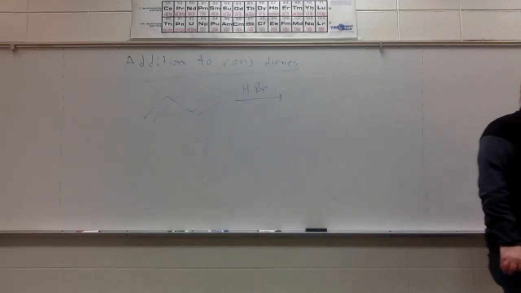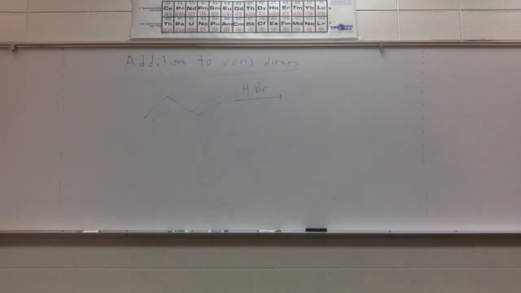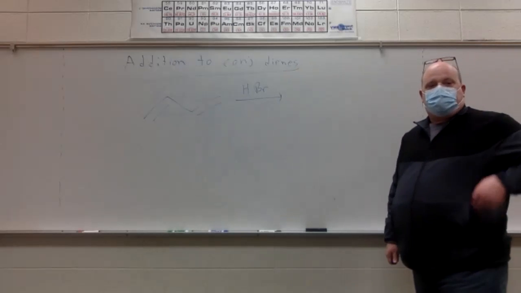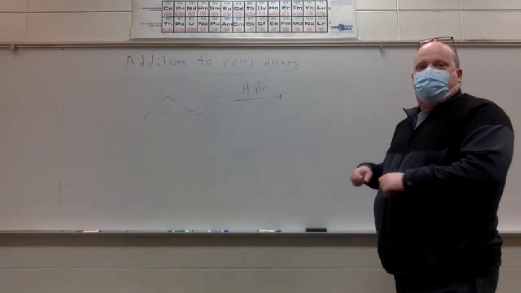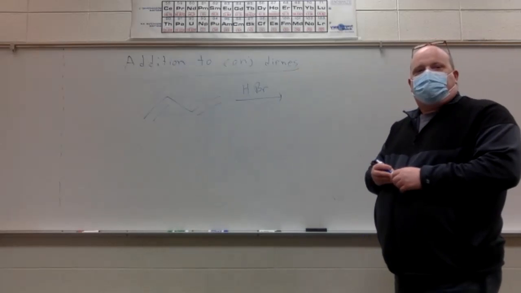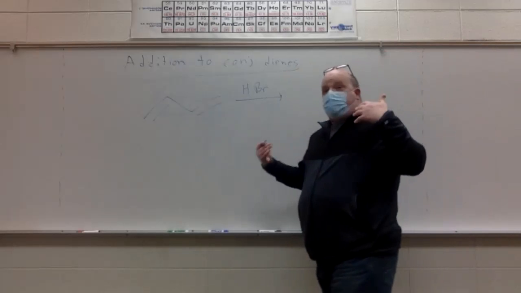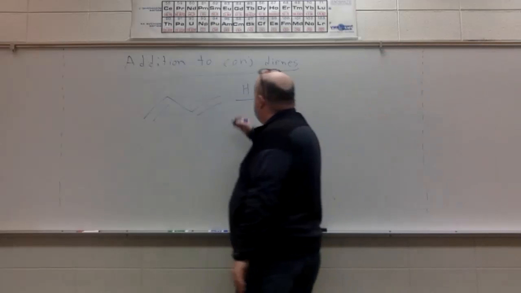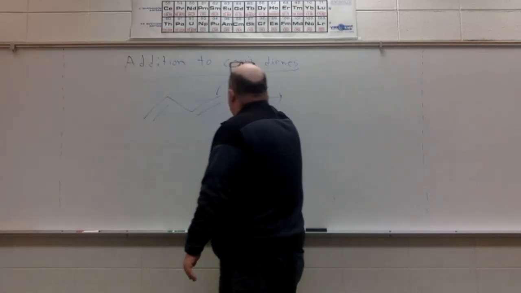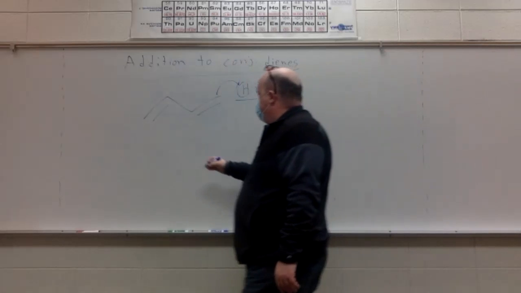Where is the H now going to go? Is it going to go to the left carbon or the right carbon? What's that? Where? Yeah, why? Markovnikov's rule. Markovnikov's rule still applies, even though you have a diene. All right?